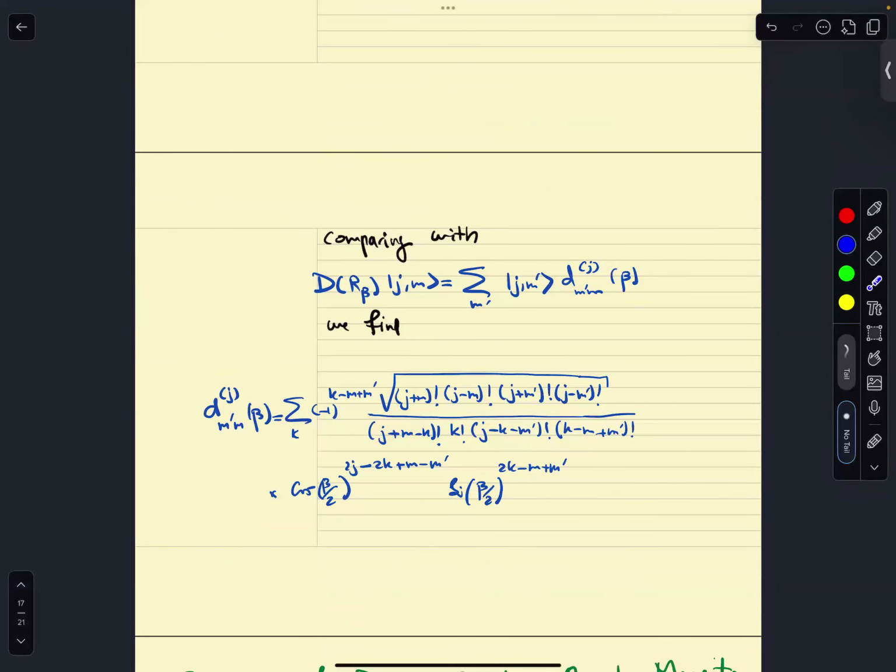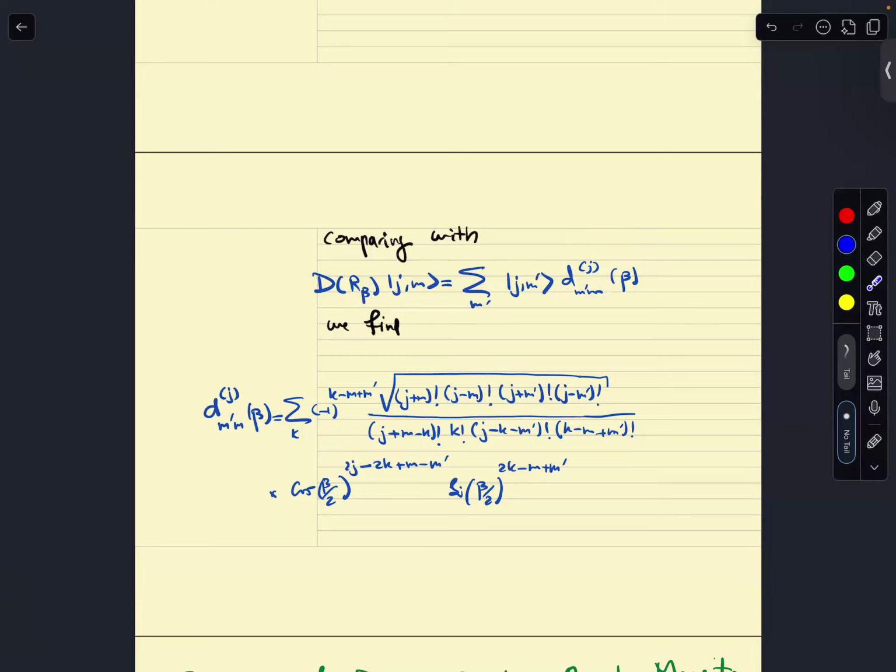Okay. So as we just discussed, what we're after is to understand how an arbitrary rotation acts on a spin degree of freedom. We need these matrix elements, right? They are labeled by m prime and m, which index the matrix elements, and j is the spin j, right?